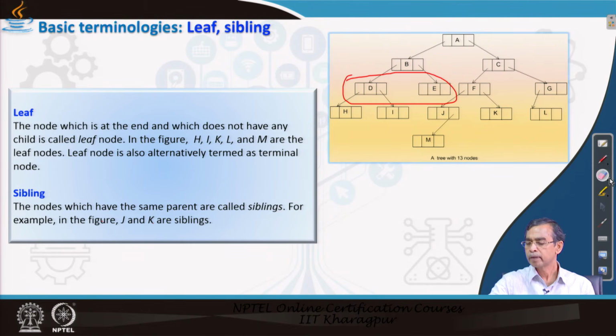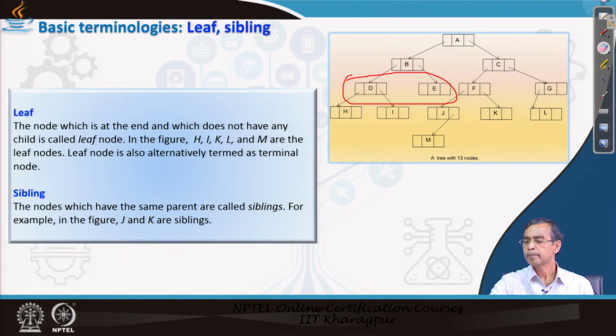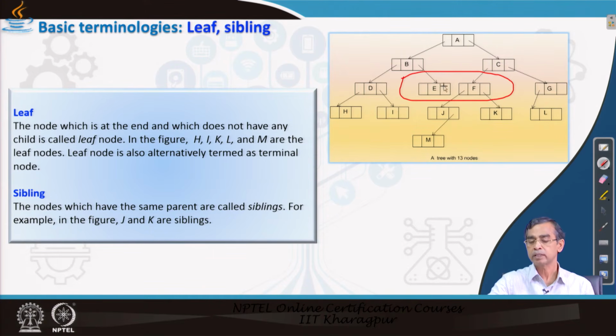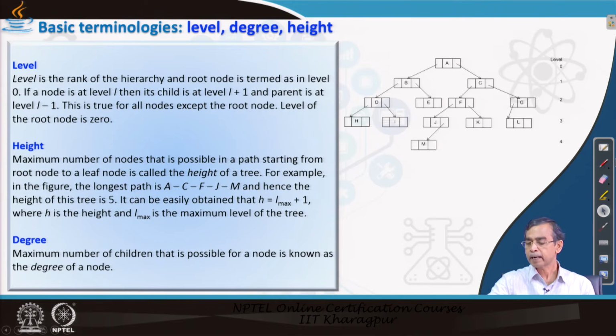However, here in this example E and F are not siblings, because their parents are different. So, this is the concept of sibling in the tree, and then there are a few more very important definitions regarding level, degree and height.